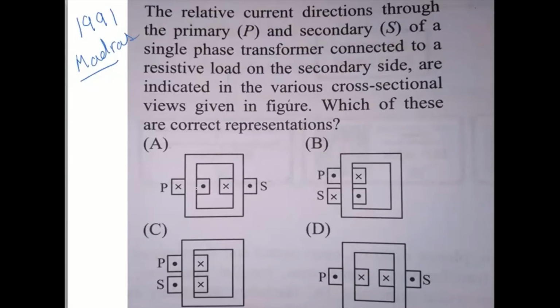The cross-sectional view is given in the figure, so we can see the current directions in the primary and the secondary coils. We have to identify which of the representations is correct. Actually, it can be more than one correct; at that time we were having more than one correct answers.